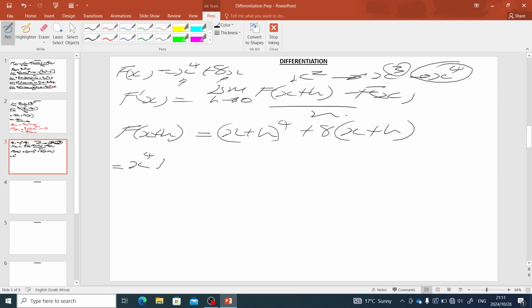That is the first term, plus, then we are having 4 multiplied by x cubed multiplied by h multiplied by 1 divided by 1 factorial, plus, this is the second term, right?